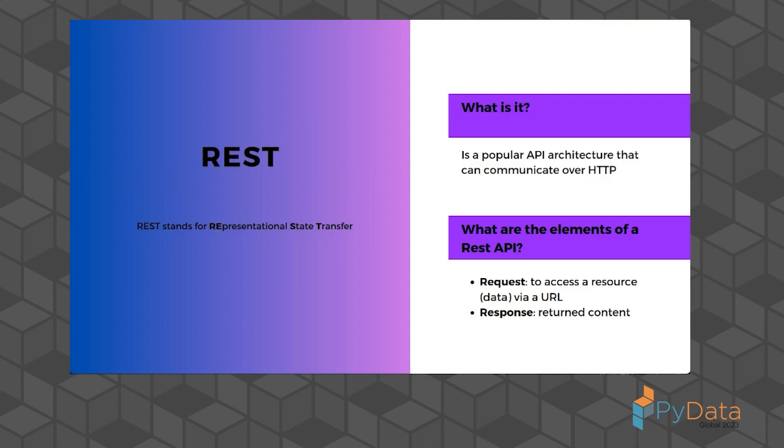A request is basically asking for a resource, and a resource can be any type of data, image, whatever, and this is done via a URL. So, for example, if you're working with weather forecasts, there may be an API for the Met Office, and when you want to request the forecast for London in the next 5 days, you can access that via a URL through this API.